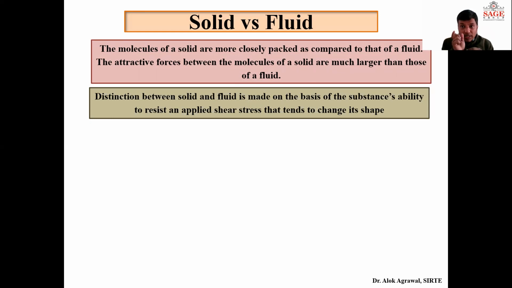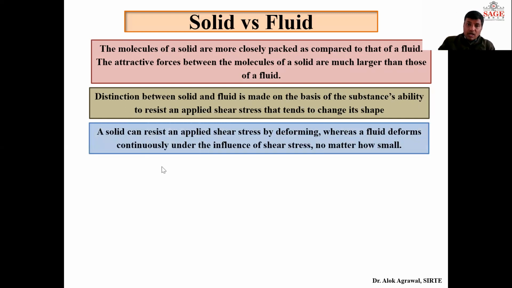But in case of fluid, if we apply a shear force, however small it may be, it will not be able to resist it, and it will start deforming, and the deformation continues as long as the shear force is applied, though we are not increasing its magnitude. A solid can resist an applied shear force by deforming, whereas a fluid deforms continuously under the influence of shear stress, no matter how small.